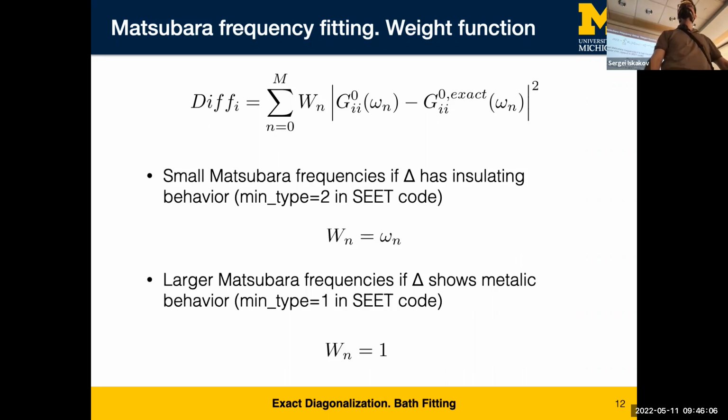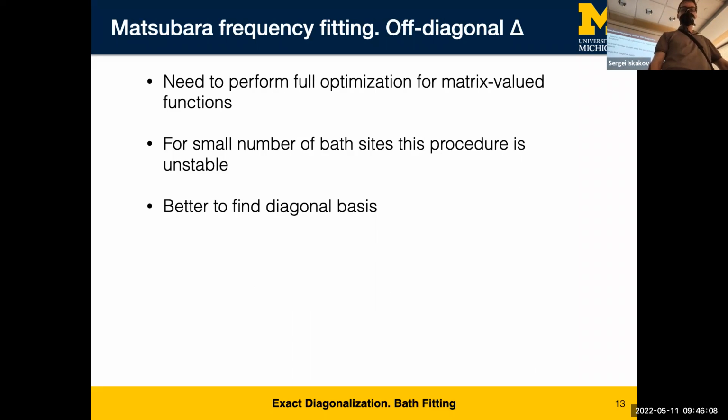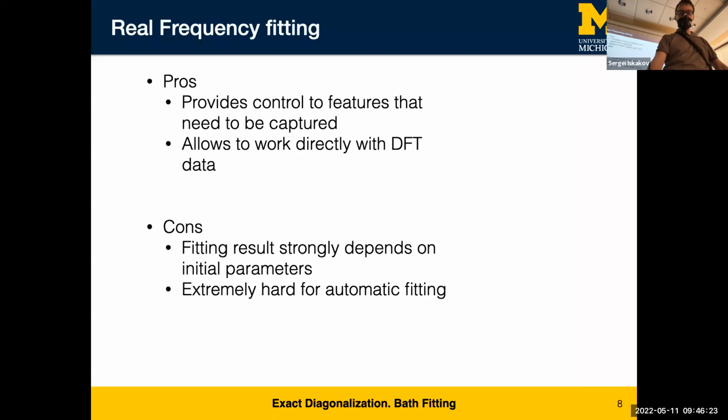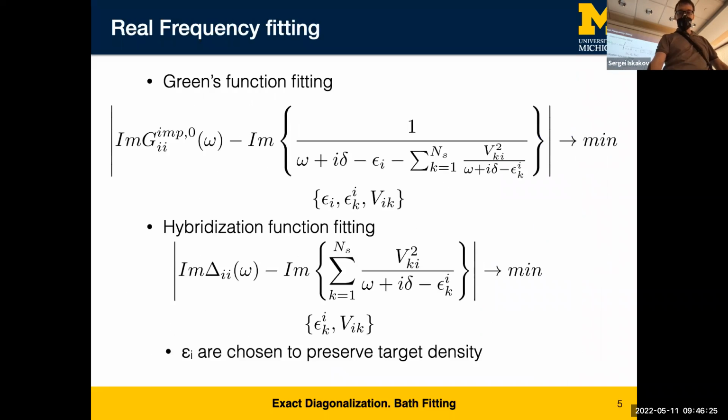And if you need to do the off-diagonal fit, the answer is don't do it. If you can avoid doing that, don't do it. Because when you have the off-diagonal hybridization, instead of this set of 2 parameters, you have actually a large diagonal matrix of epsilon k and a huge matrix for v.